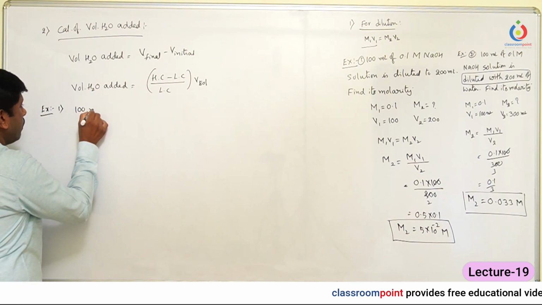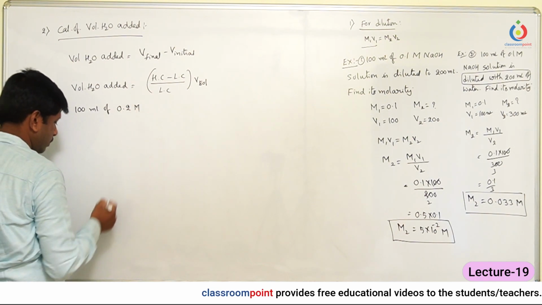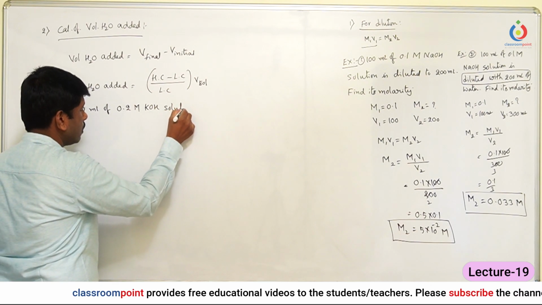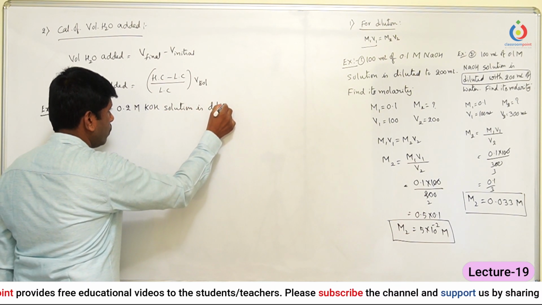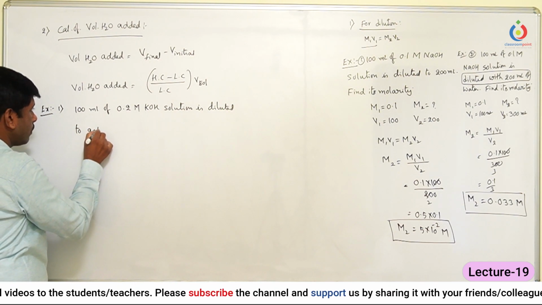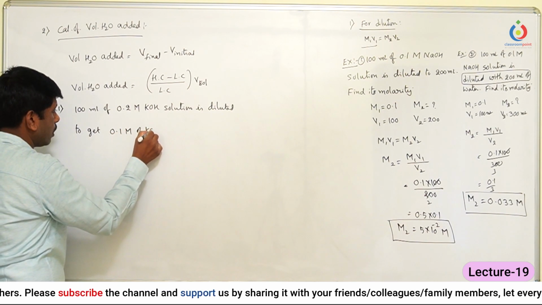100 ml of 0.2 M potassium hydroxide solution is diluted to get 0.1 M of KOH.